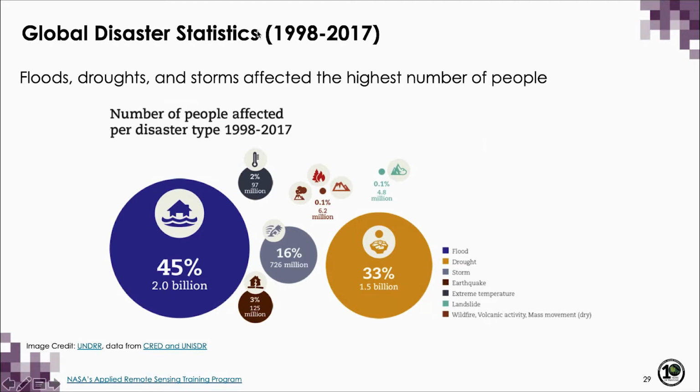If you look at the number of people affected by these disasters in the same time frame, you can see that again floods, droughts, and storms affect the most people, in billions here, so the majority of people are affected by these disasters, and then of course there are other disasters affecting population as well.